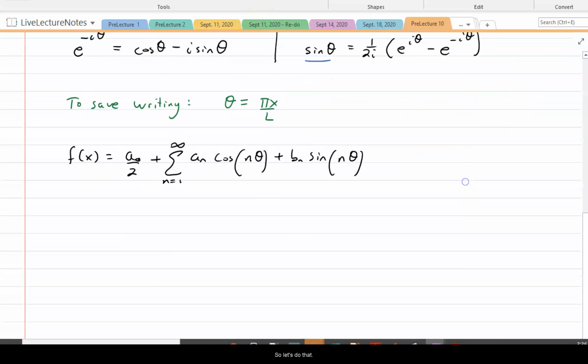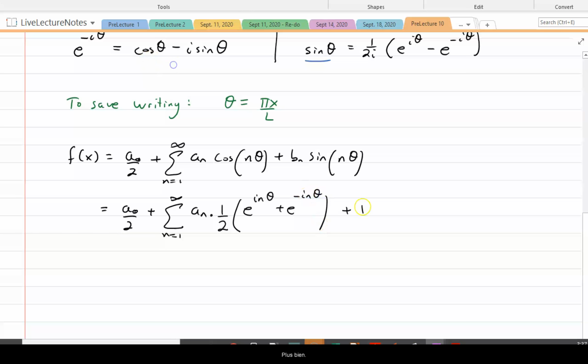So here we have a0 over 2 plus the sum from n equals 1 to infinity of an times 1/2 (e to the i n theta plus e to the minus i n theta), plus bn times 1 over 2i (e to the i n theta minus e to the minus i n theta).